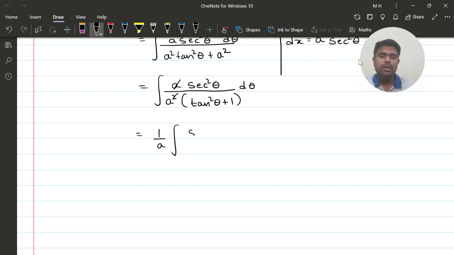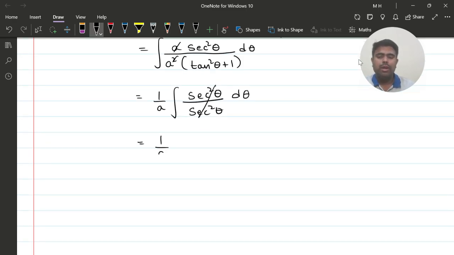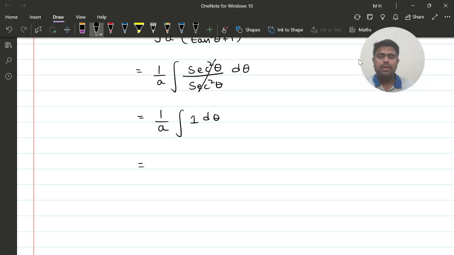This will be secant square theta divided by, what is 1 plus tan square theta? It is again secant square theta d theta. These two cancel, and what will I get? I will get 1 by a into the integral of 1 d theta. So what is the integral of 1 with respect to theta? It is theta plus c.